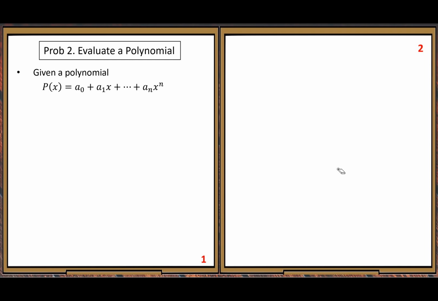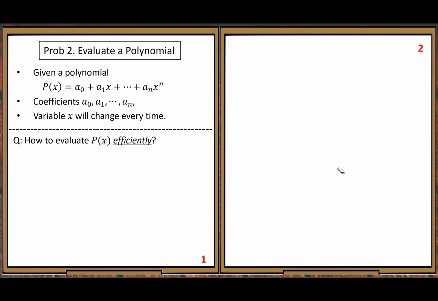When the coefficients are given, we fix them for one polynomial. But we can change the value of x. Every time we change the value of x, we want to calculate the polynomial function value at x point.